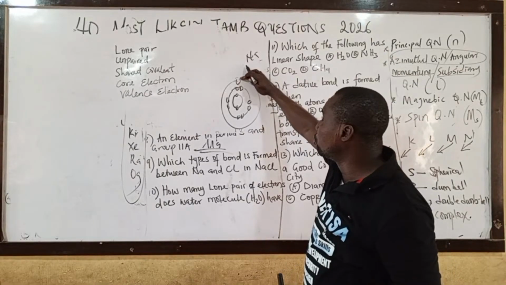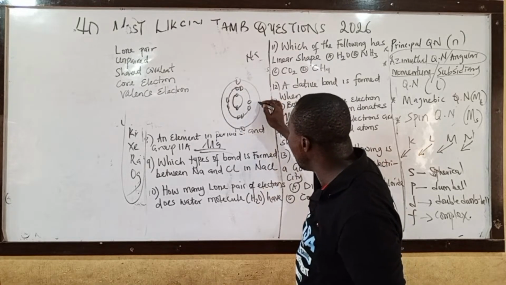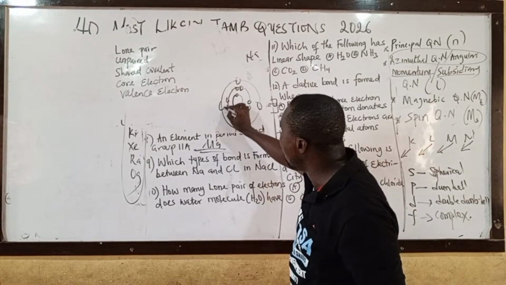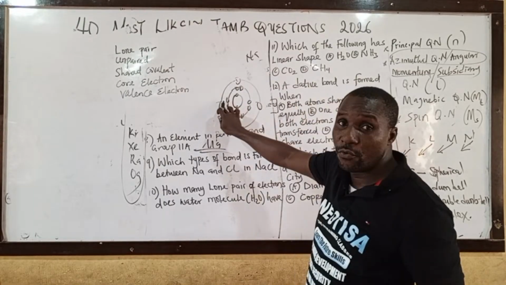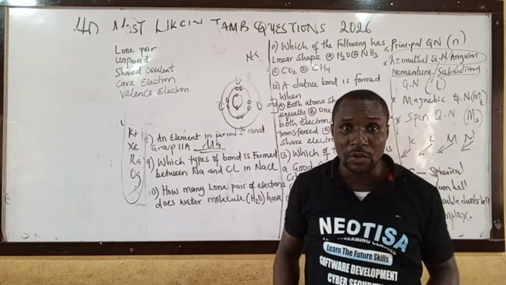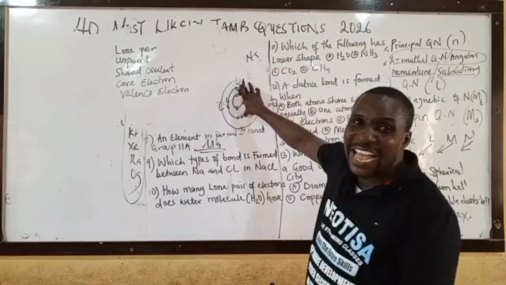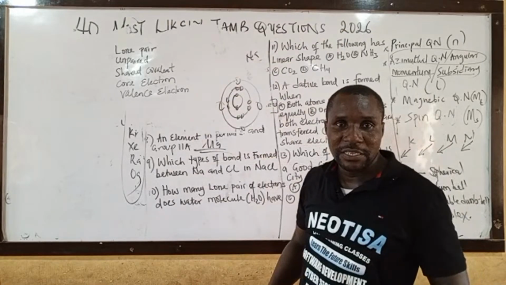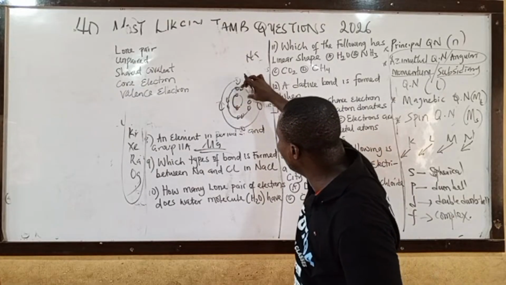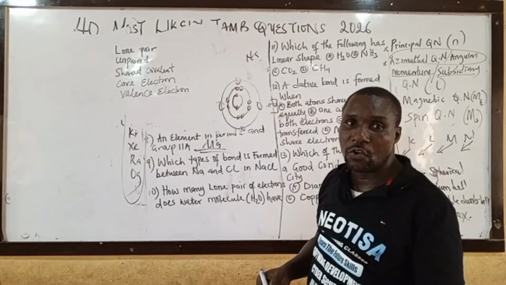For sodium is 1, for calcium is 2, for aluminium 3, for carbon 4. The number of electrons on the atom shell is called valence electron. Core electrons are called inner electrons. These are core electrons, they are inner electrons.